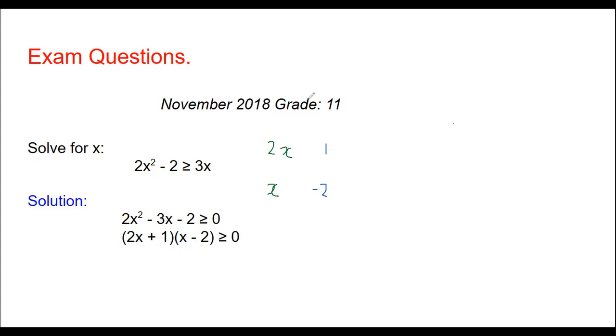So in other words, we cross multiply: minus 2 times 2x is going to give me minus 4x, and cross multiply x times 1 is just going to give me x. We add, and we can see that minus 4x plus x is just going to give us minus 3x.